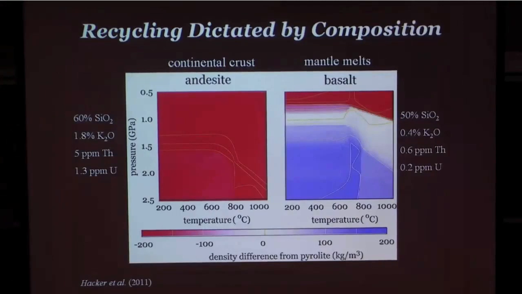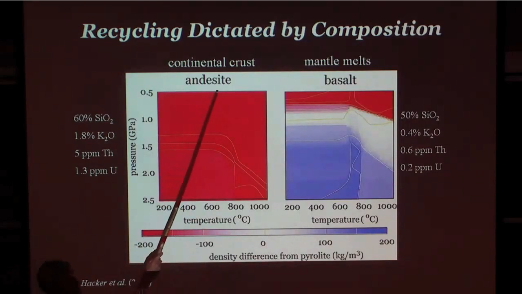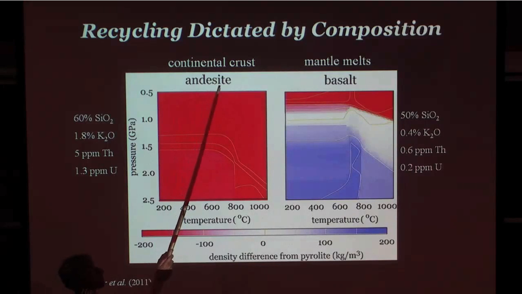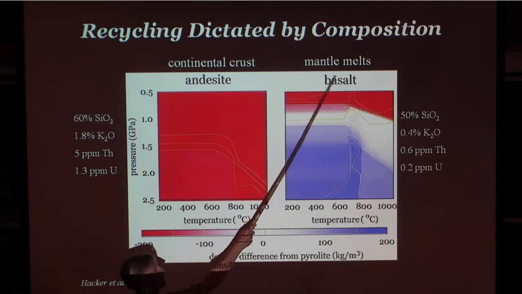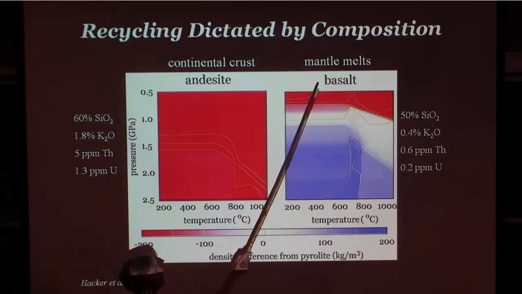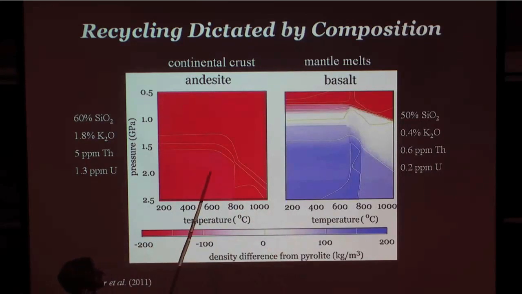So for the rest of this, I'm going to take this as kind of the paradigm for interpreting what happens to continental crust. And that is basically just think about it in terms of buoyancy. So here are some diagrams for two different rock types, one we're going to call basically bog standard continental crust, which is basically andesite, and then melts that come out of the mantle, which are basically basalt. And then look at their density with respect to mantle pyrolite as a function of pressure and temperature.